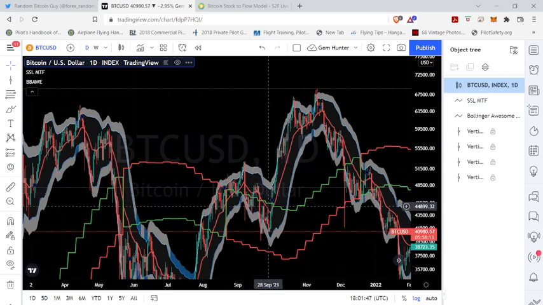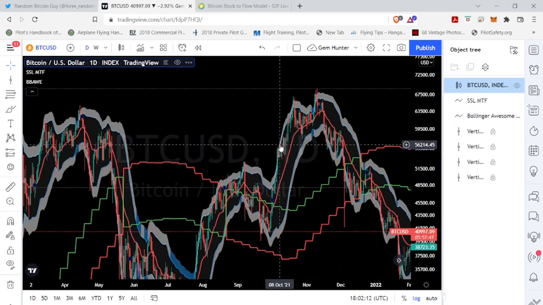If we are above the SSL and above the midline, now the price is accelerating more rapidly, so we don't want to put all our eggs in the basket, but we don't want to miss out on the rip either. So we're going to go 50%. We hit the bands, 25%.